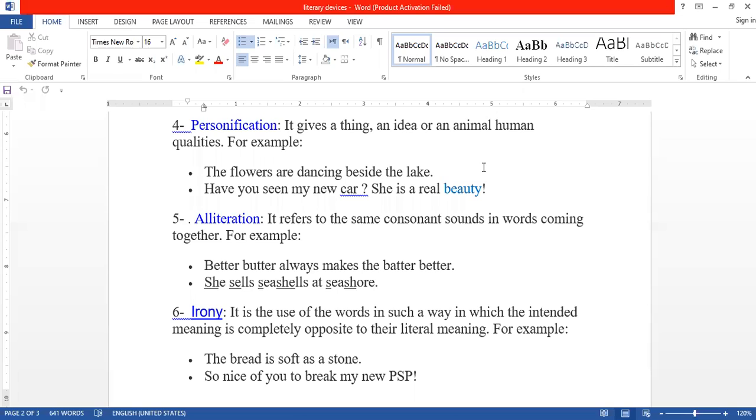So personification gives a thing, an idea or an animal human qualities. In other words, we attribute human qualities to non-human creations.